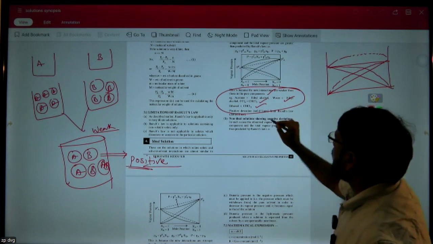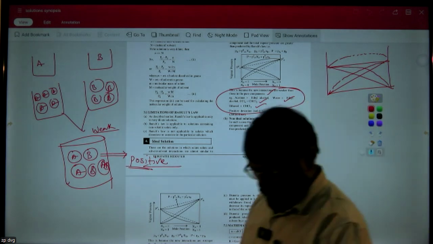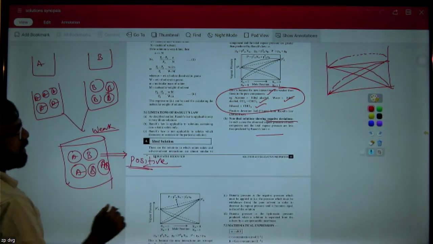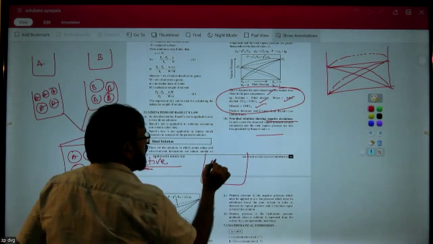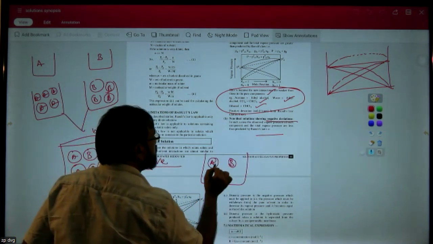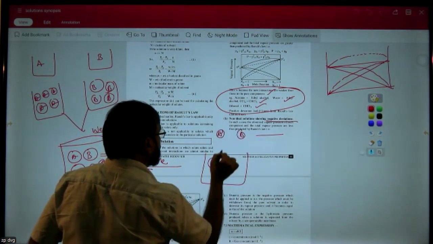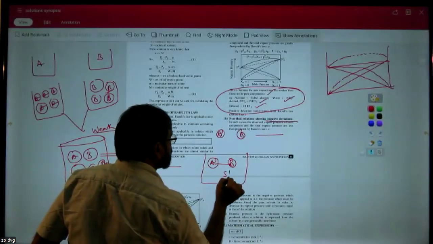Next, negative deviation from Raoult's law. Which solutions show negative deviation? If there is a negative deviation, then the AB interactions must be strong compared with the AA and BB interactions.